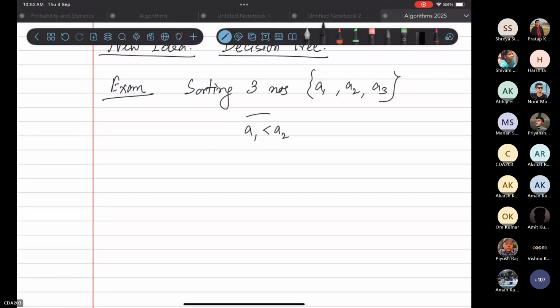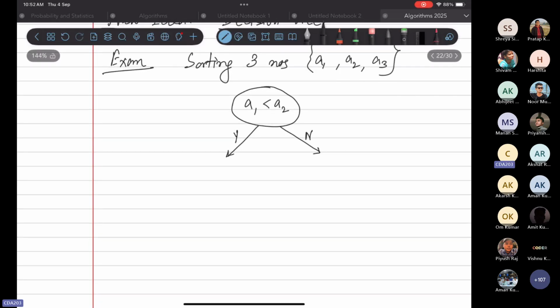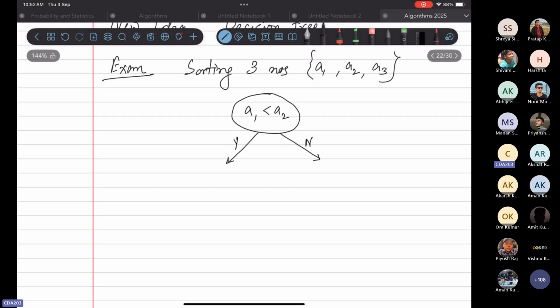So this is a comparison. Its answer could be either yes or no. Now if I see that A1 is smaller than A2, for the time being, let's assume that all the numbers are distinct.